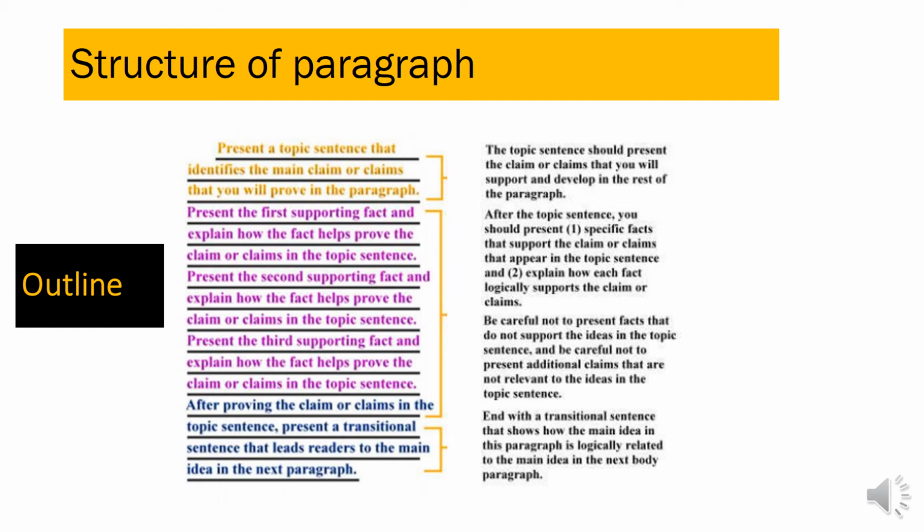End your paragraph with a transitional sentence that shows how the main idea in this paragraph is logically related to the main idea in the next body paragraph. So you have a signal that this idea connects to another paragraph. You help your reader to understand what you are trying to explain to them.